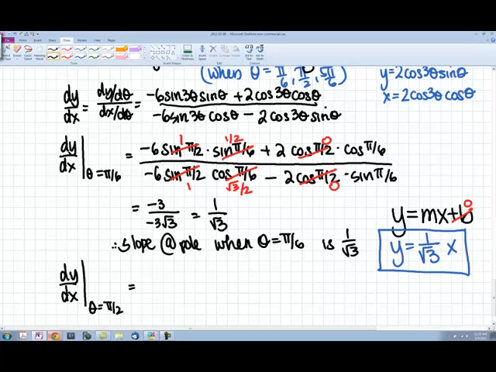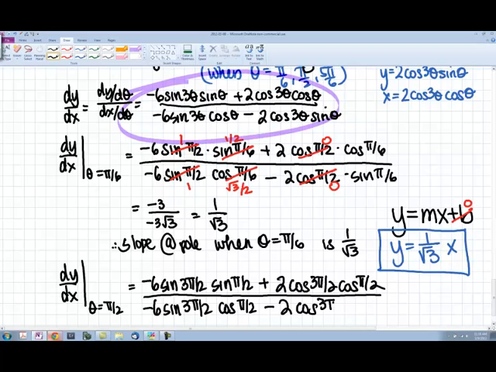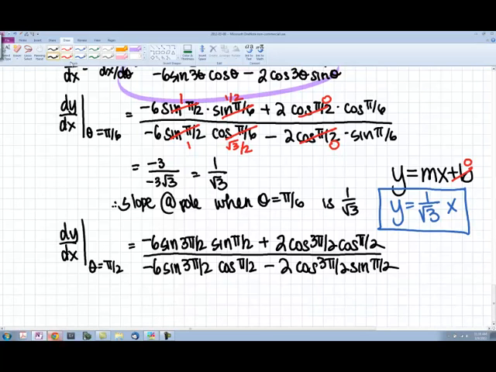So when theta equals pi over 2, we're going to plug it in to this up here at the top. Okay, so we'll have negative 6 sine 3 pi over 2 sine pi over 2 plus 2 cosine 3 pi over 2 cosine pi over 2, over negative 6 sine 3 pi over 2 cosine pi over 2 minus 2 cosine 3 pi over 2 sine pi over 2. Now at pi over 2, which is 0?